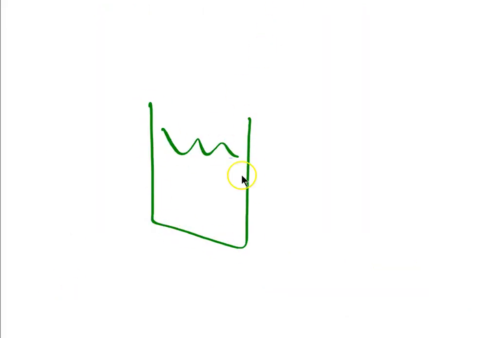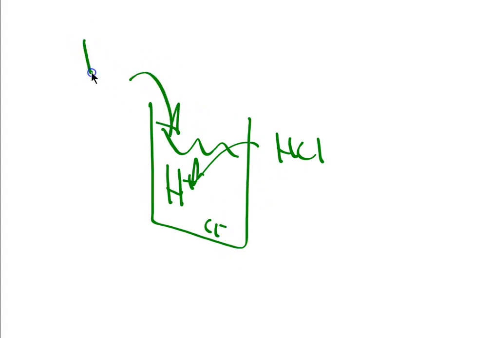If I add HCl to the solution, it will make H plus, and there'll be some Cl minus, right? Okay? If I add just straight H plus, I'll mess with the pH. But if I pour in table salt, nothing will happen to the pH.